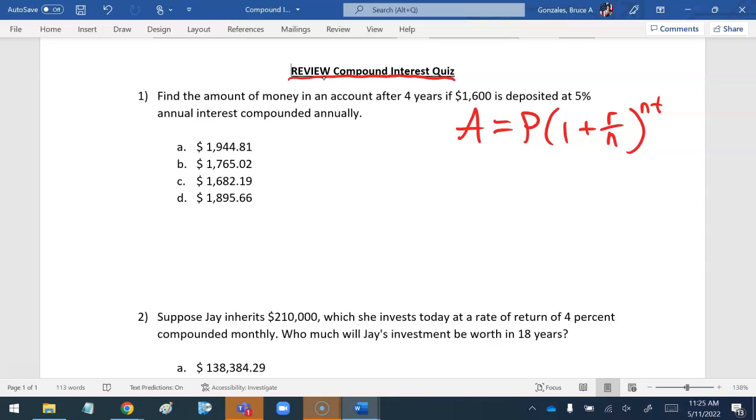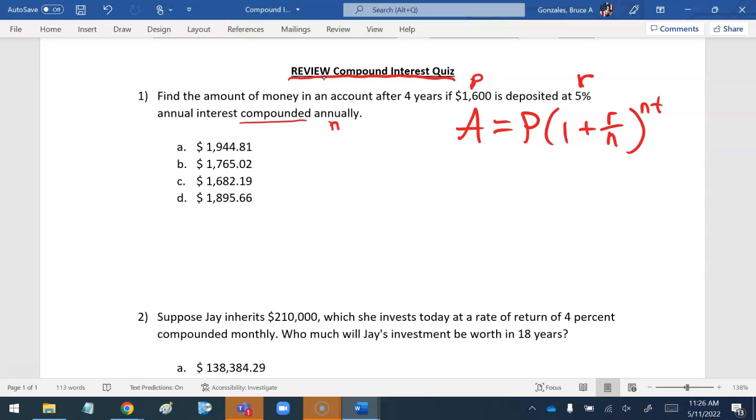So if I'm going to read this, find the amount of money in the account after 4 years if $1,600, that's my P, is deposited at a rate of 5%. That's my rate. My N, so it says it's compounded, look for that word, compounded annually.